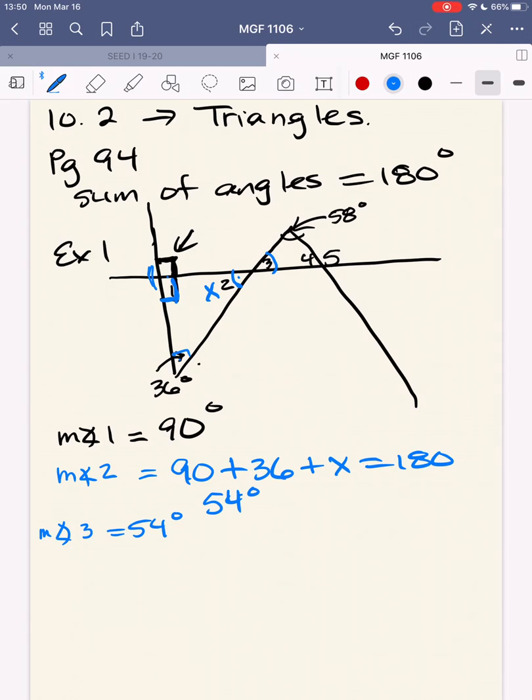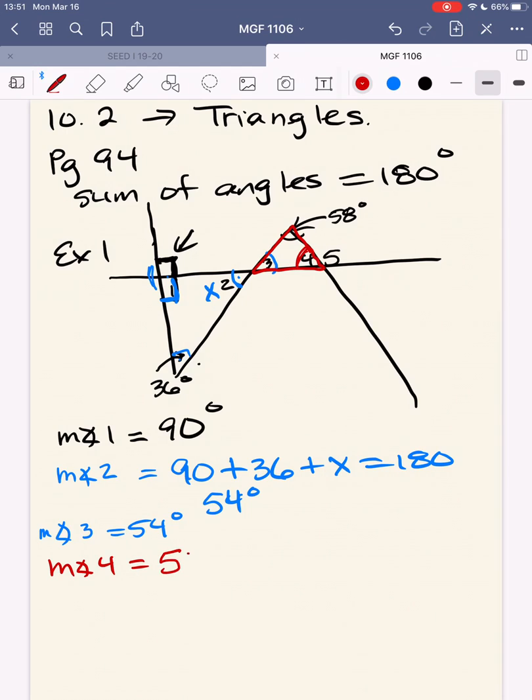Now I have angle 3, and I need angle 4 over here. The sum of the angles of the triangle has to be equal to 180.